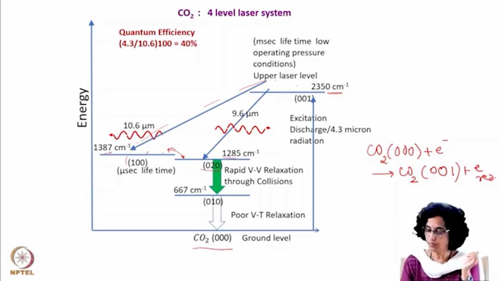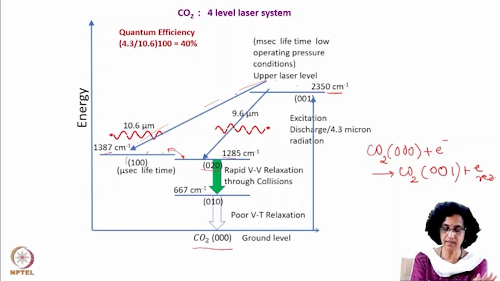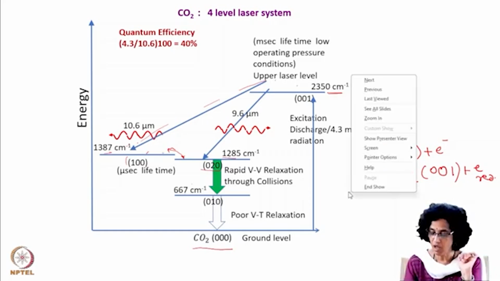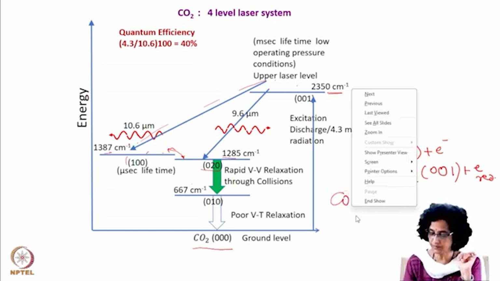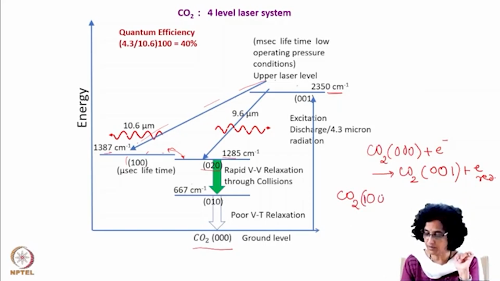Now, as the molecules go to the 001 level, through stimulated emission, let us just consider one part of it. It comes down to 100 through stimulated emission. Now from 100, they can again collide with ground state molecules, which are in abundance, and come down to 010. Why?